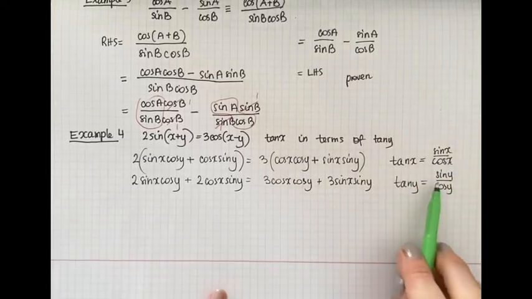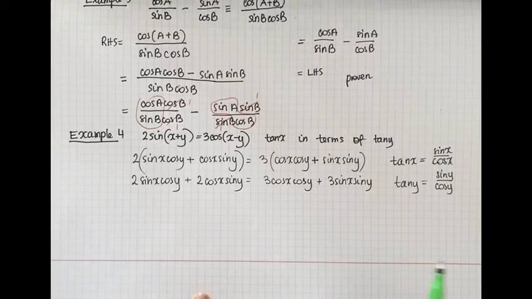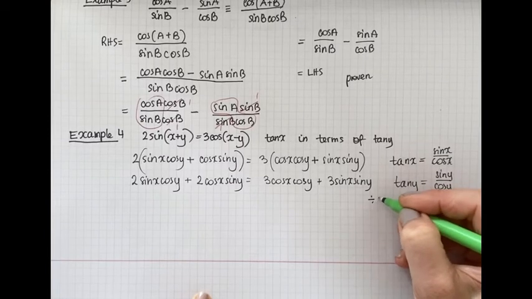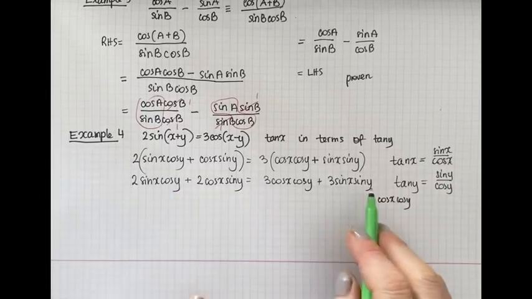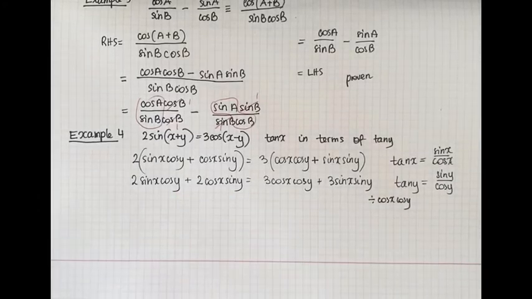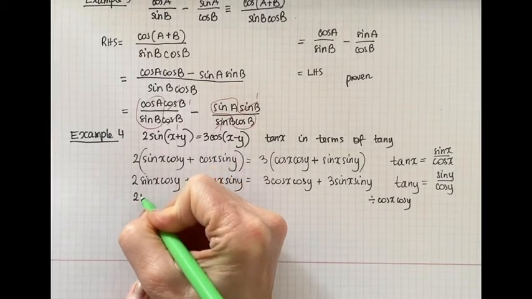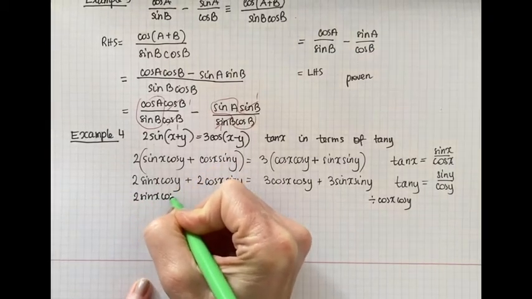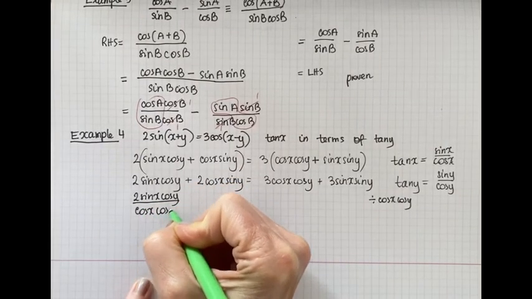Okay, so I want to have fractions with cosines in the bottom, so that tells me that I need to divide by cos x and cos y. If I divide every term by cos x and cos y, provided neither cos x nor cos y is ever equal to 0, I'll have an identity that works. So 2 sine x cos y needs to be divided by cos x cos y.